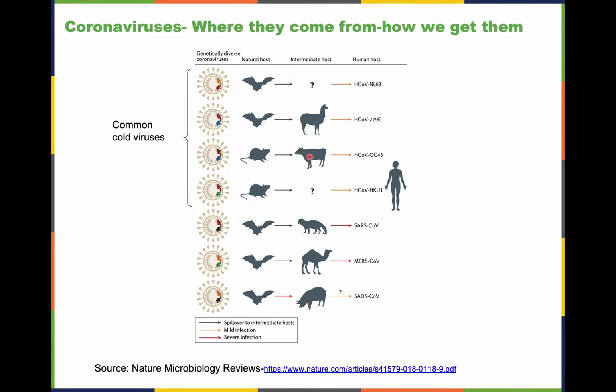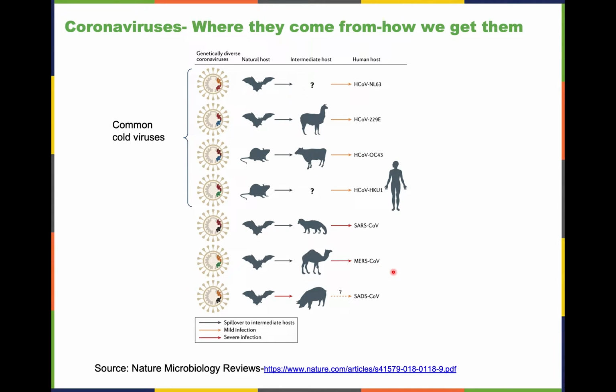And the one in the cow has very close sequence similarities with the one that is in the rodent. And as you go towards the human subject, the sequence similarity between the rodent and the human decreases. So that is how scientists determine the path that the virus takes.